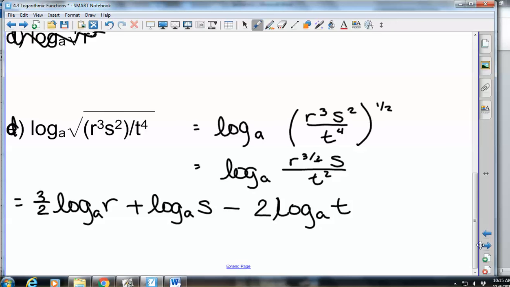This is where we're going to pick up tomorrow with using those properties on some more complicated expressions.